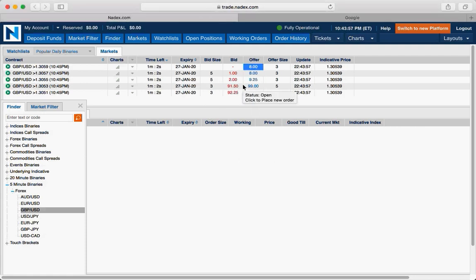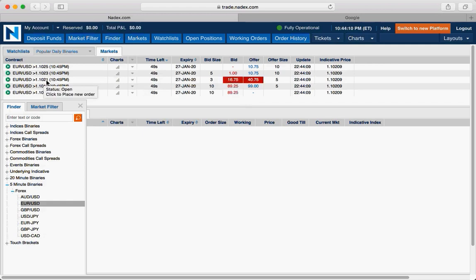All right, so here we go again. I'm going to actually scan through the pairs. Let me see if I can pick one up that actually has something on it we can take a look at. All right, so the euro dollar, 10.21 strike price. It would be for the sell side, and then we would come over here to the indicative to look at what the market is actually doing.